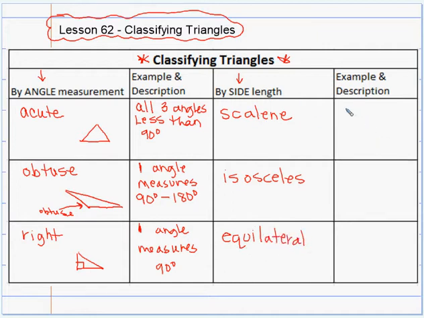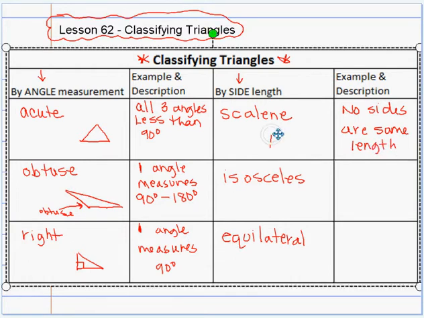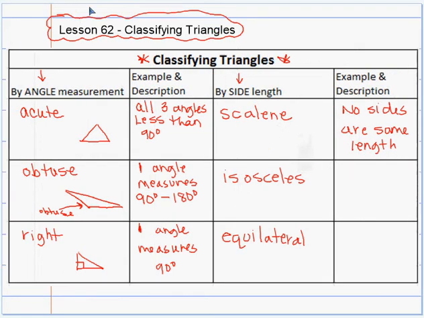Okay, scalene, the side lengths, no sides are the same length. Okay, so like this, like this, and like this. Okay, nothing unique about that. The three sides are not the same length.